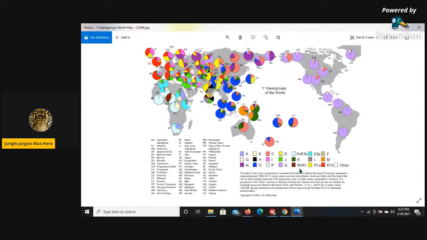We got the RX. Looks like you got the RX here. And of course the C. Well, this doesn't show very well, but there's other charts that show it better, which I'm probably not going to look for right now.